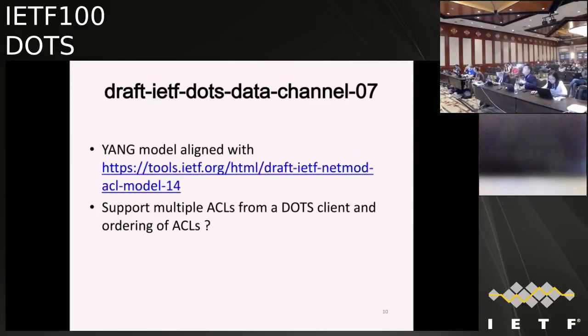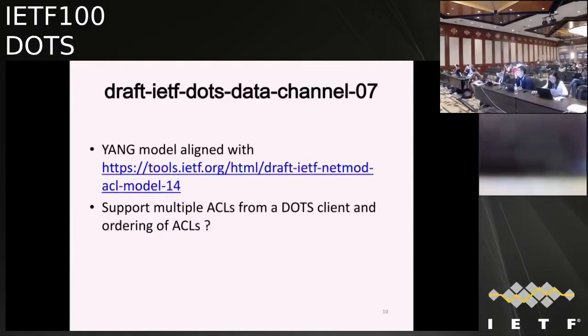There is an open question which has been raised by John, related to manipulating the access list. The first one is to allow multiple access lists per DOTS client, and the other one, which is related to this one, is how we can order the access lists per DOTS client. The second one is currently not supported in the base ACL draft, so this is something that we can add to the document.